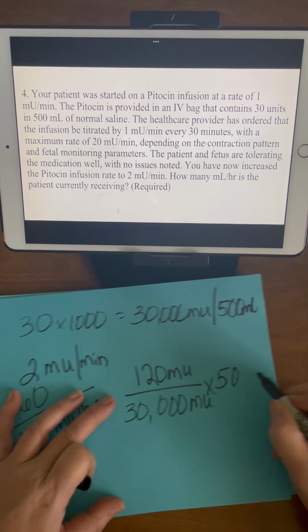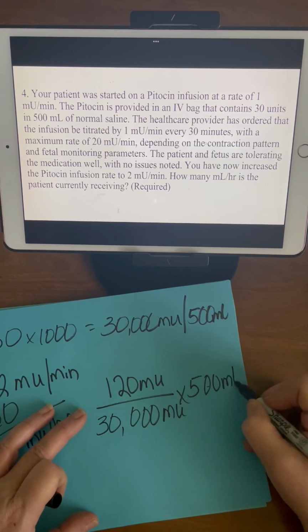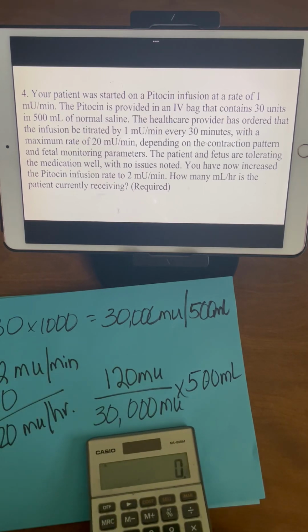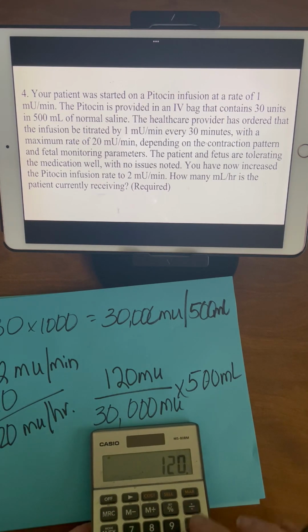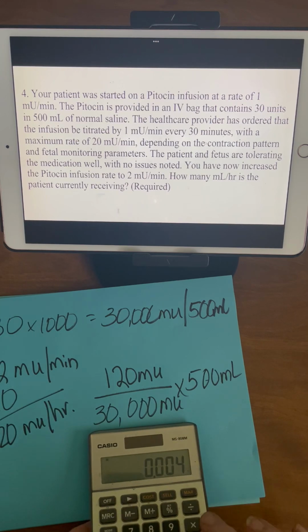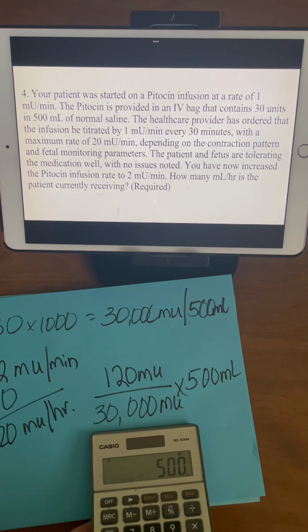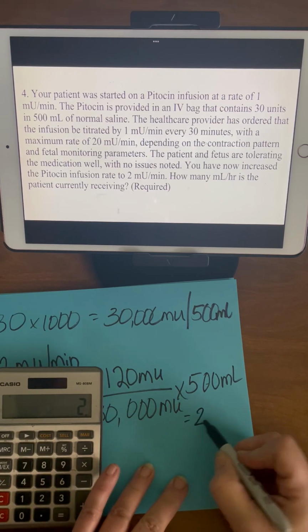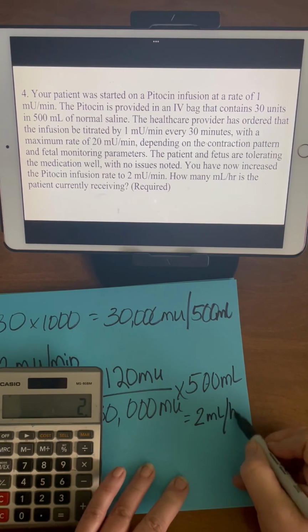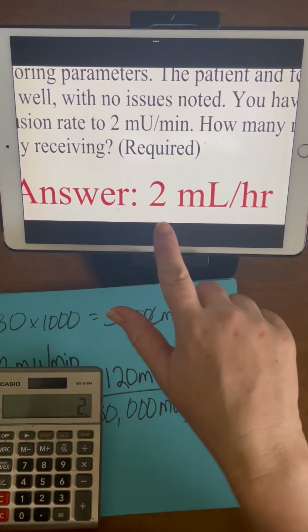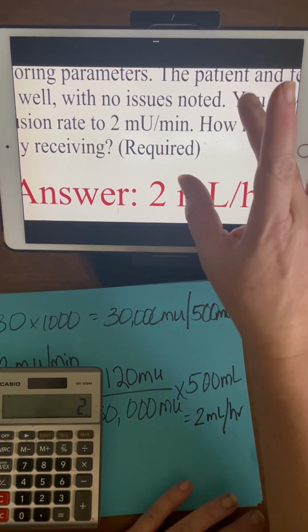In 500 milliliters. And then we're gonna do this math like an Olympic gold medalist. 120 divided by 30,000, times 500 equals. It's gotta go in at 2 milliliters per hour. Look, boom, sure enough, it's going in at 2 milliliters an hour.